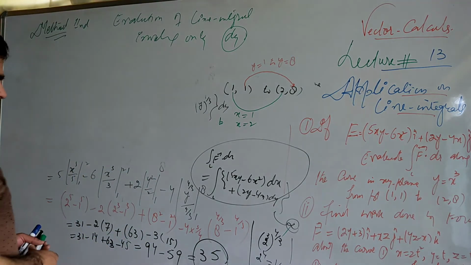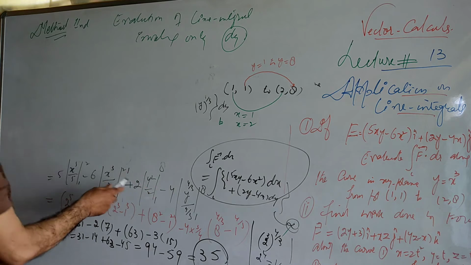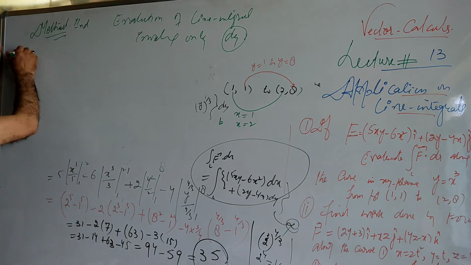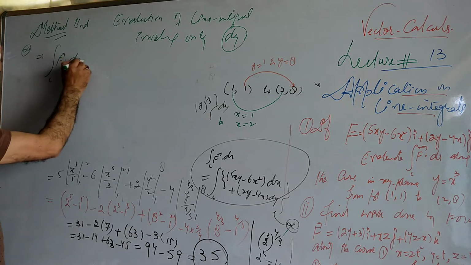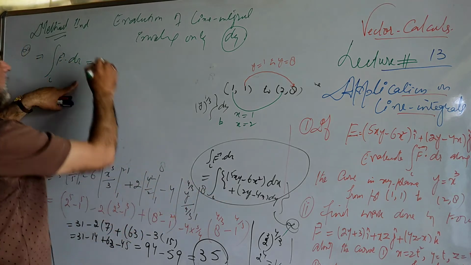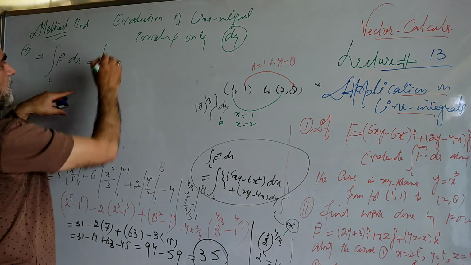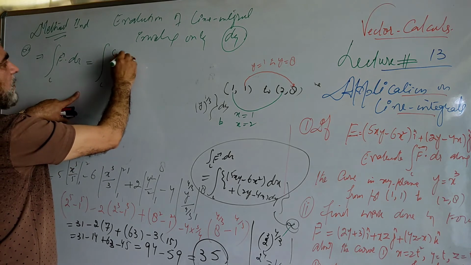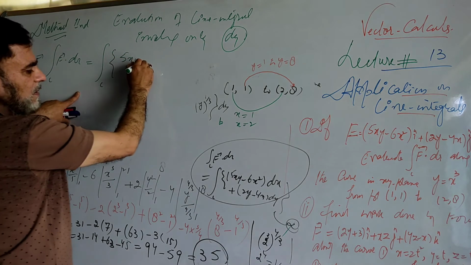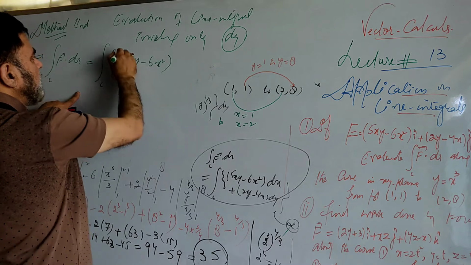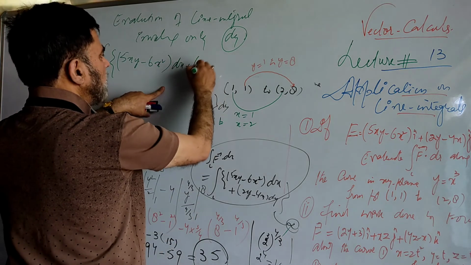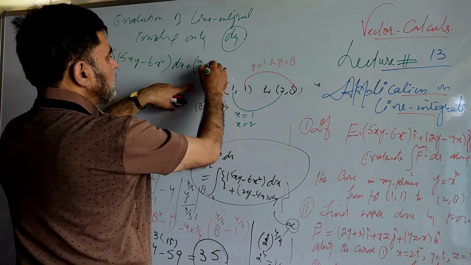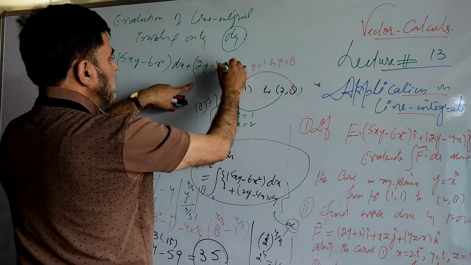What is my integral? Line integral c f dot dr is integral c 5xy minus 6x square dx, then plus 2y minus 4x dy.